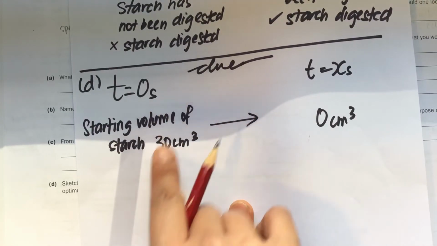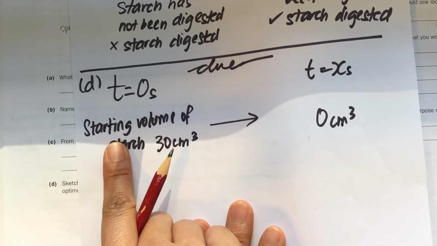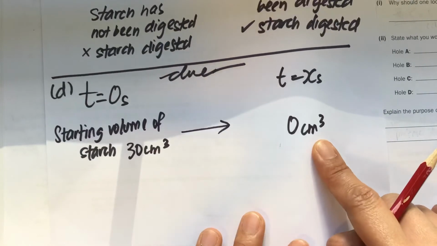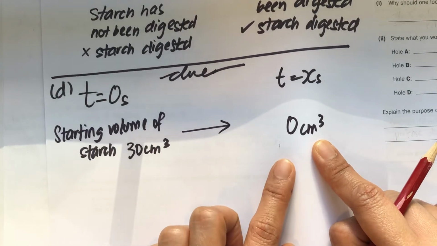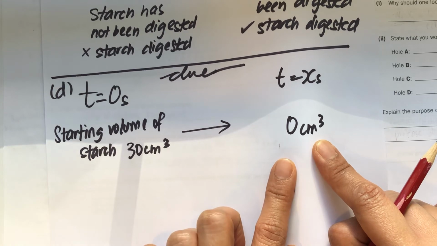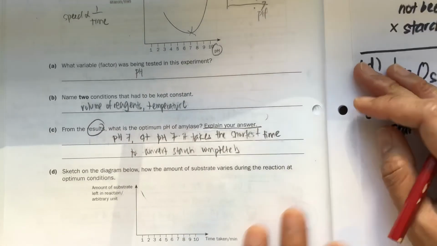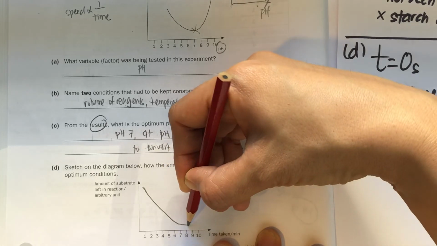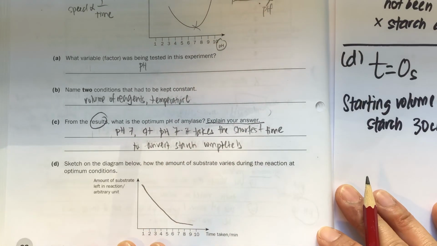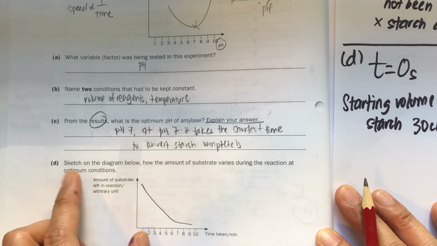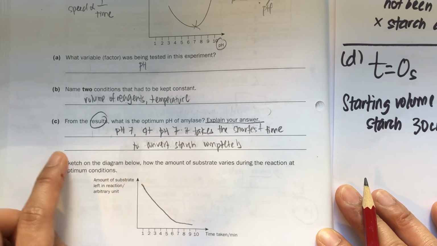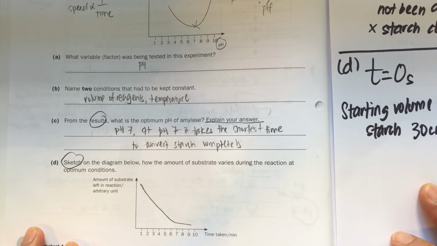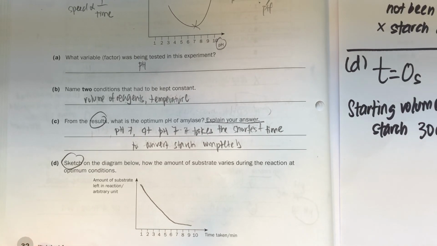Okay, so over time, as amylase digests starch, then it will go to 0 cm cube because all the starch has been digested. So as long as your graph looks like it's coming down, then it is a valid graph. Whether it's straight or curved, a sketch is an estimated drawing of the graph. So this is the answer for question number 2.